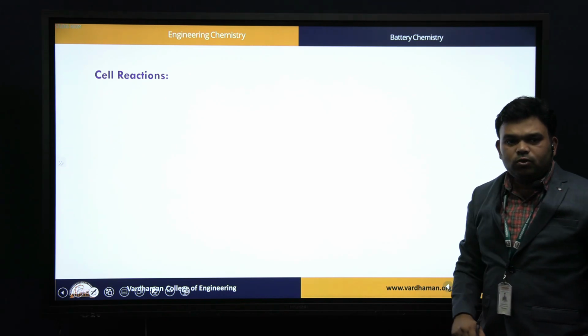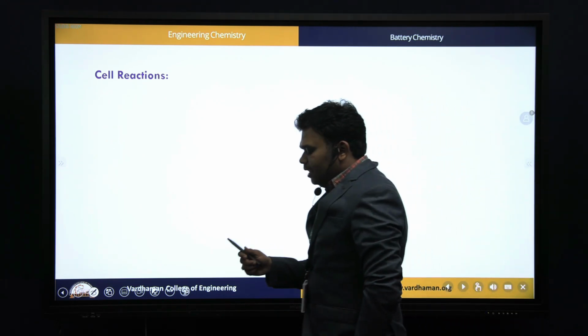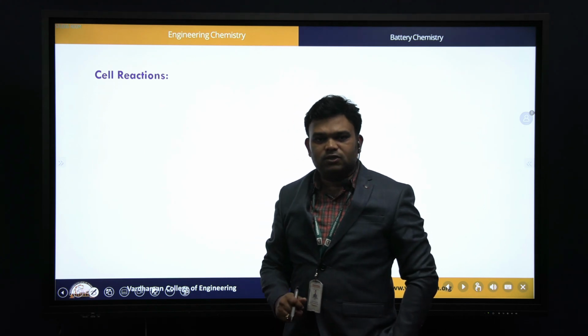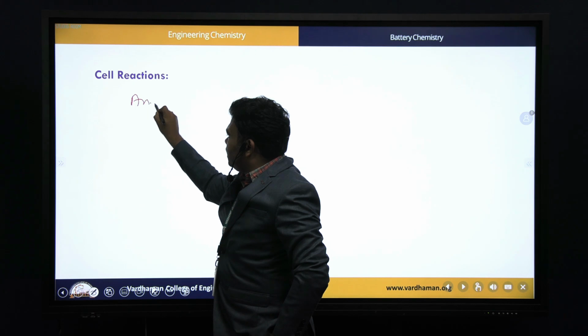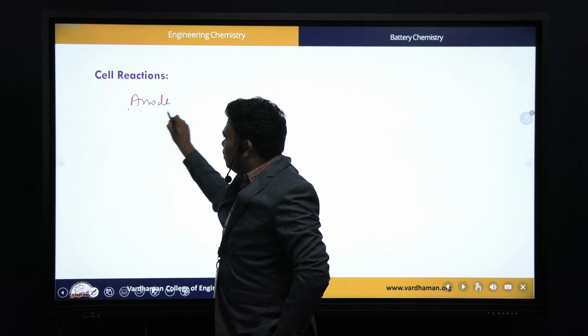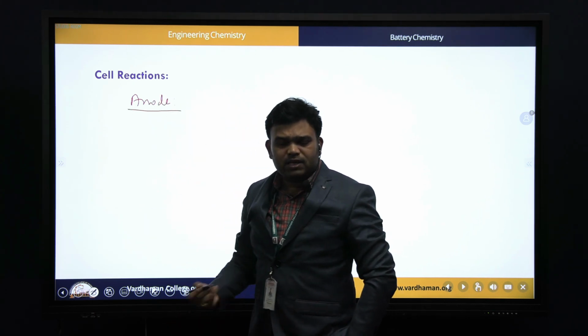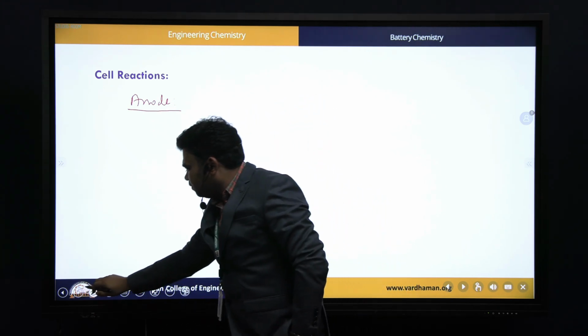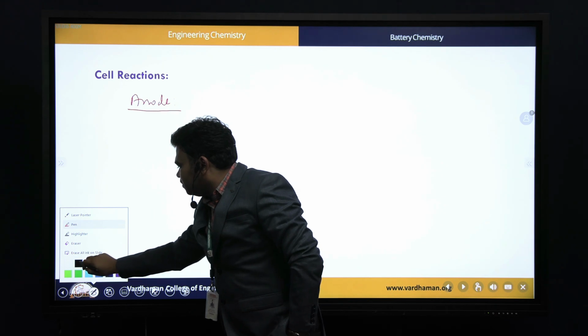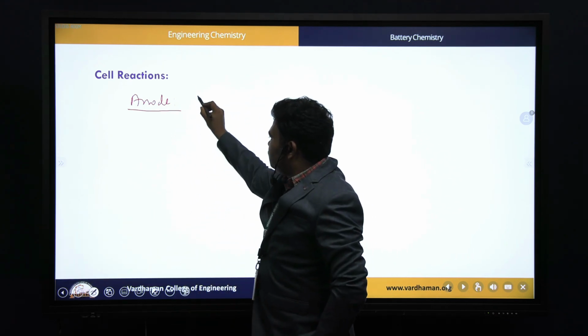If we move to the cell reactions, for any cell, the working of the battery is very important. The cell reaction takes place at the anode and cathode, and based on that we can understand the total cell reaction. First, we need to understand the reaction at the anode.